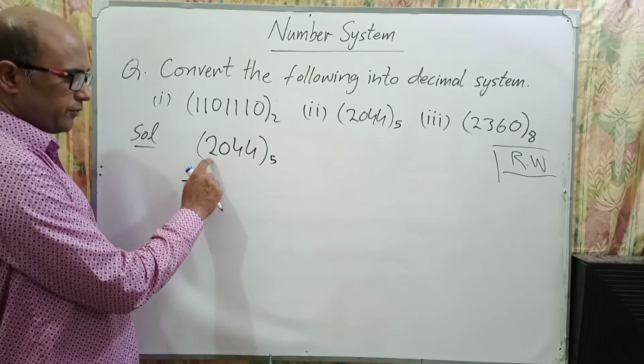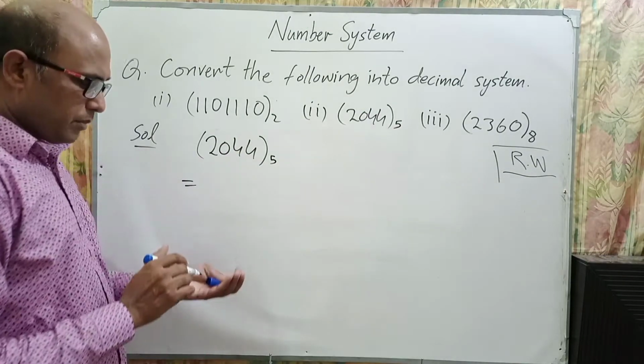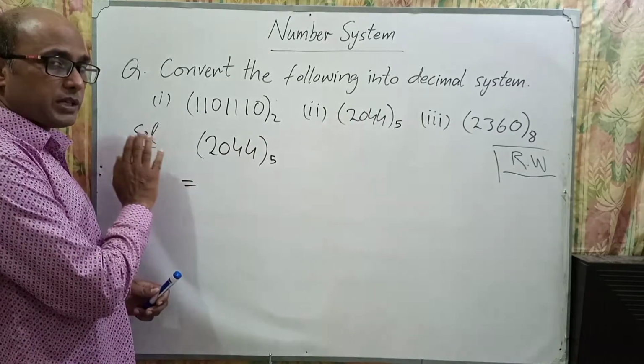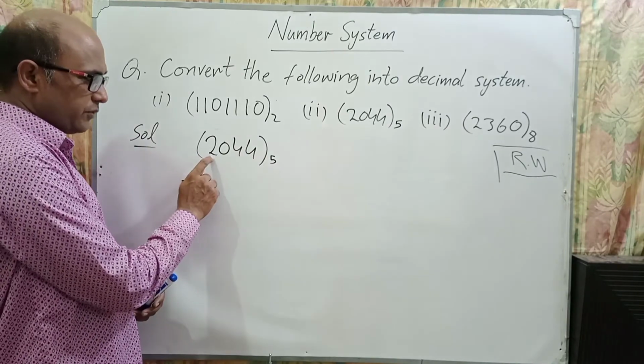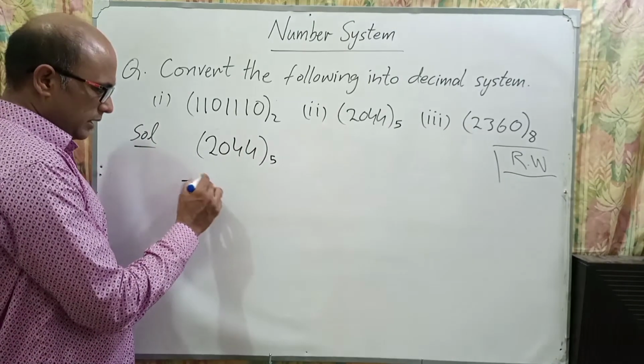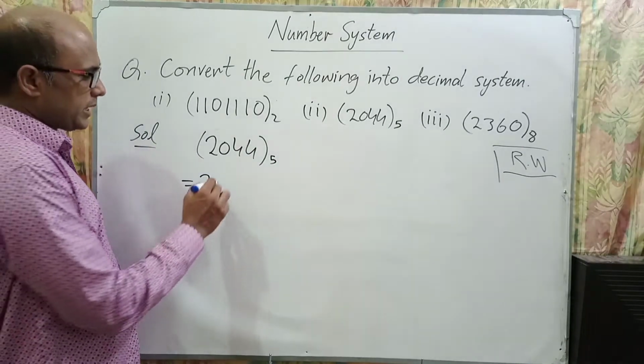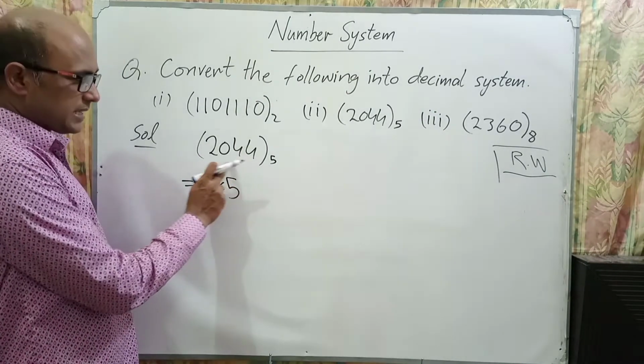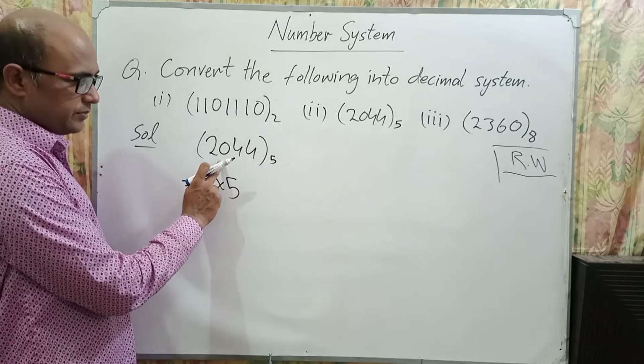1, 2, 3, 4. The number of digits are 4. So we'll start from the left hand side. The first number is 2. Let's start with 2. 2 multiplied by base power less than the number of digits.